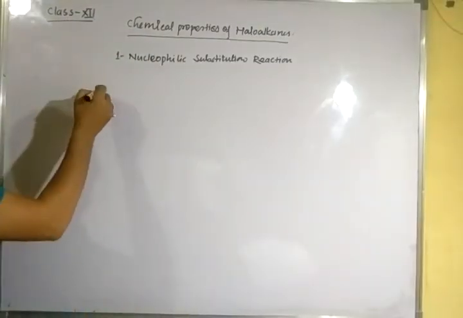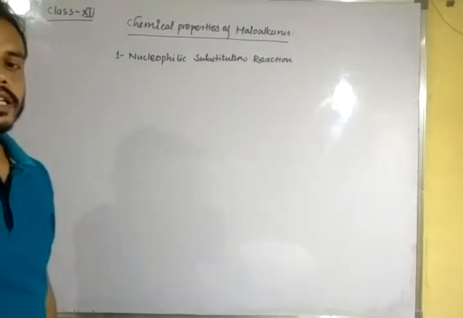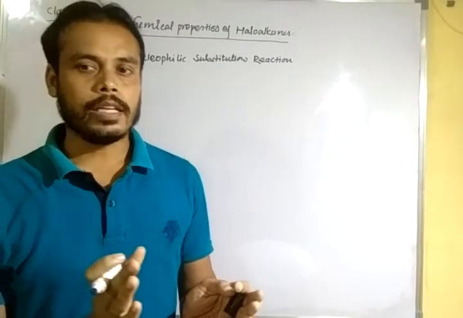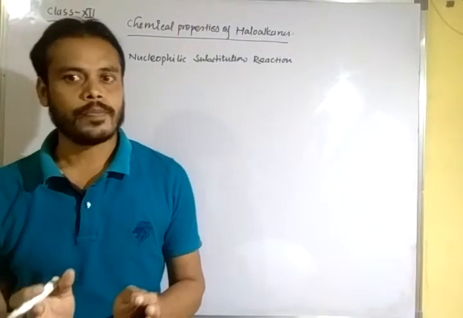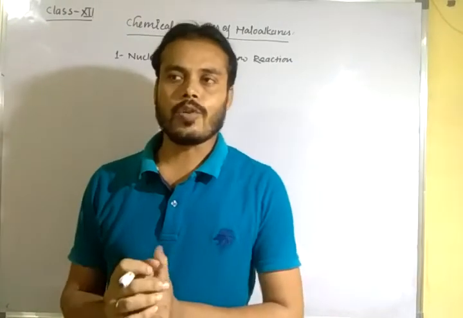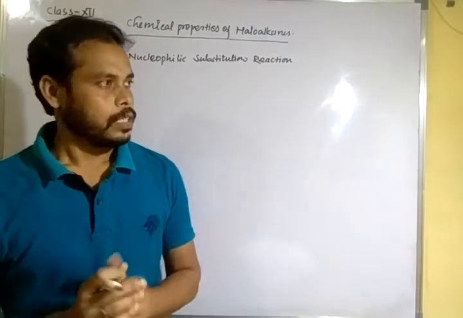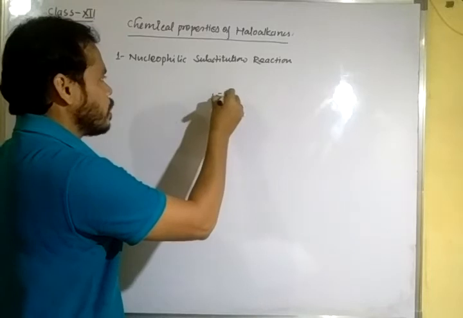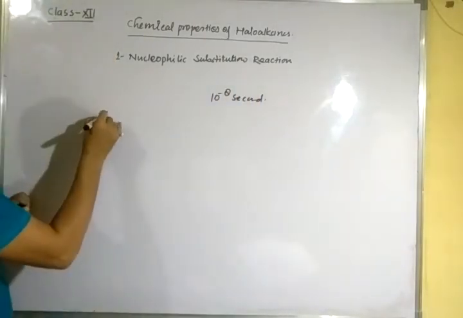In the transition state, the nucleophile is partially attached to the carbon atom and the halogen atom is also partially attached. This is known as the transition state, which exists only for 10 to the power minus 8 seconds.